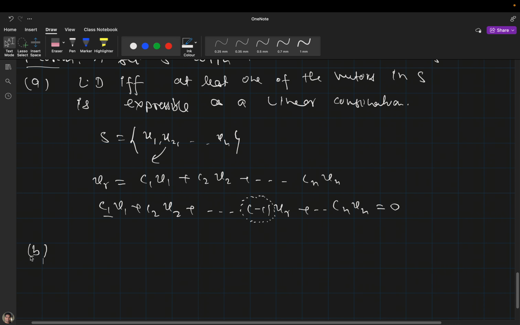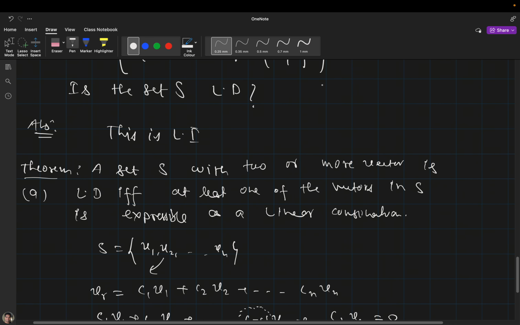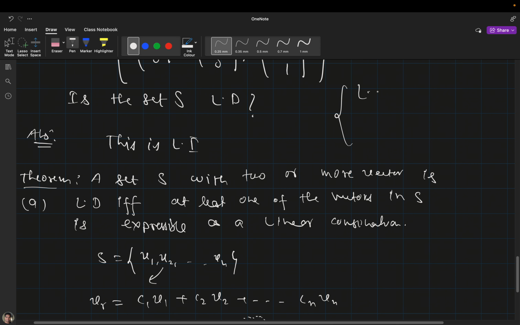Sir, could you please explain that notation? What I am writing here is LD, which means linearly dependent. If I am writing iff, it means if and only if.